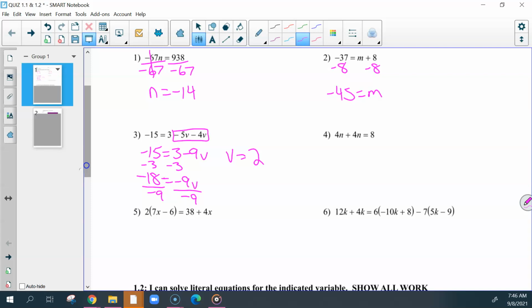If you got negative 2 at the end, you may have forgotten a negative sign in here. So just make sure you're bringing those all the way down. Do you have any questions on that one?